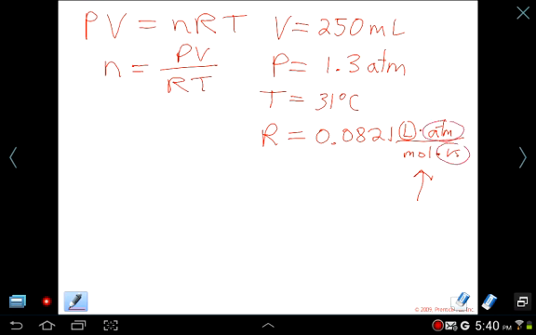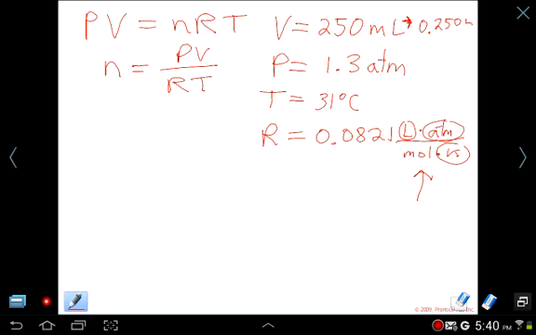And so it looks like we'll have to convert our volume to liters. Now, 250 milliliters converted to liters is simply divided by 1,000, and so we should get down to 0.250 liters. If you have trouble doing this, consult some dimensional analysis problems. And then our atmosphere looks like it is good.